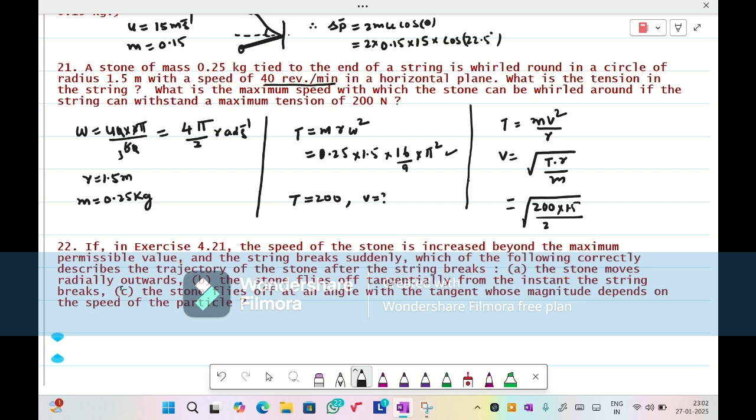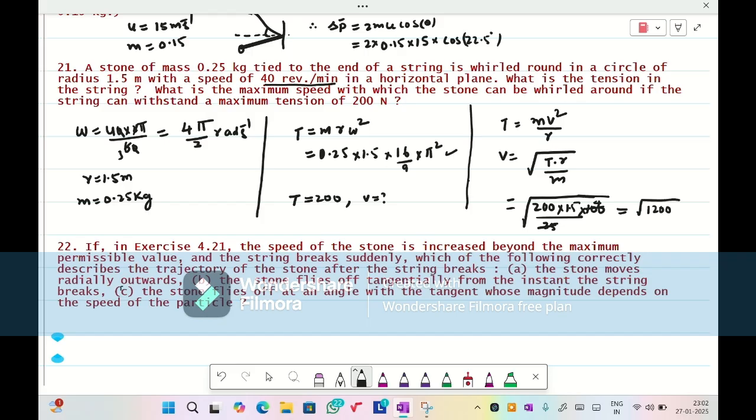That is 300 into 4, 1200, so root over 12,000.